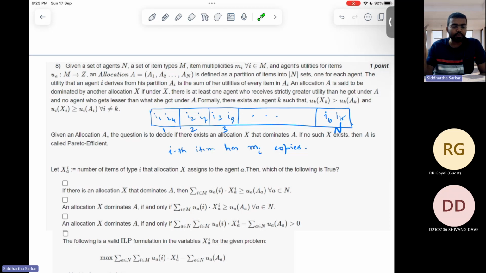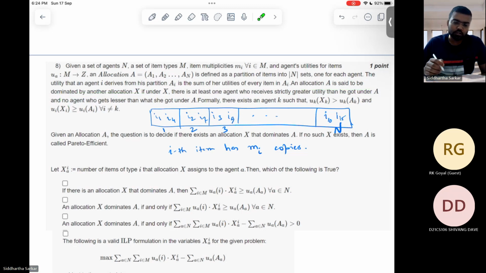But in that process, other people will get a different set of items or a different number of items. It should not happen that while trying to increase the utility of this person, we have decreased the utility of the items allocated to another person. If that is the case, then allocation X dominates allocation A. So allocation A is said to be dominated by another allocation X.